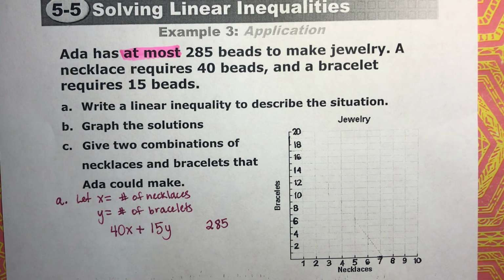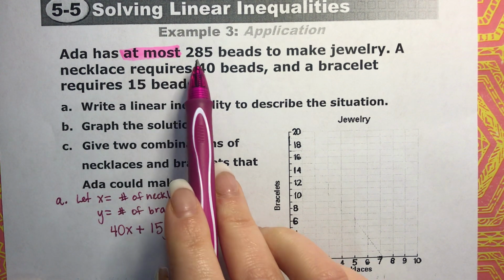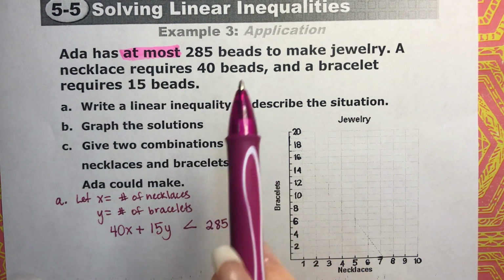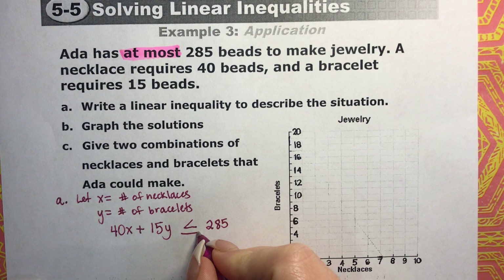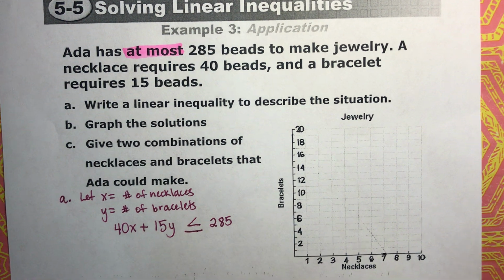So this amount cannot be over 285. This amount has to be less than 285, right? Because if this amount was over 285, we don't have any more beads than 285. So this amount has to be less than, but when it says at most 285, that means that it can equal 285. So this amount is less than or equal to 285. That is our linear inequality.